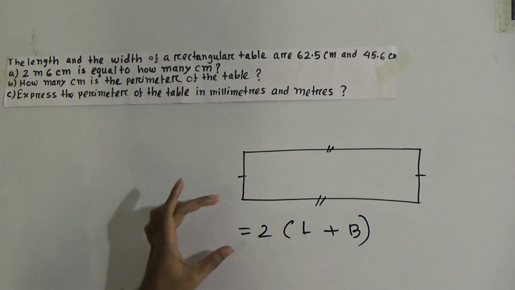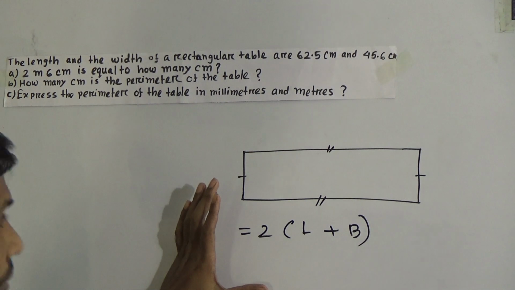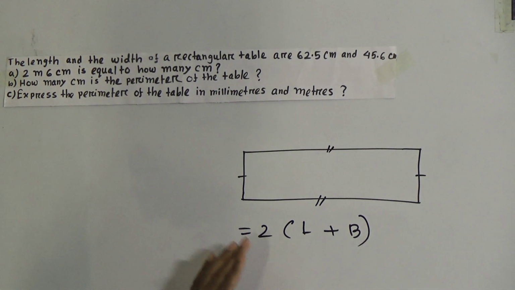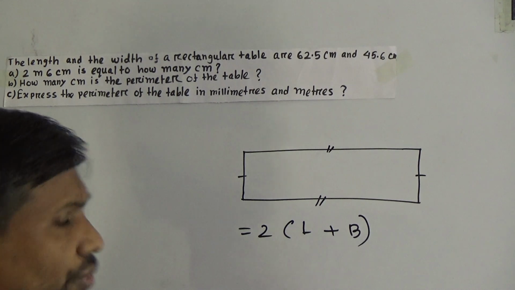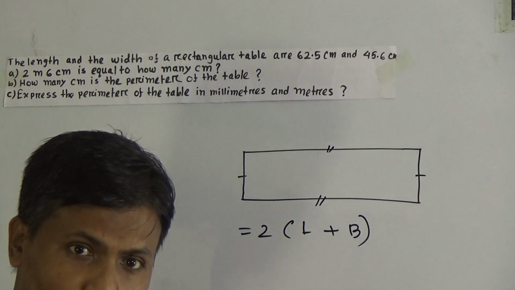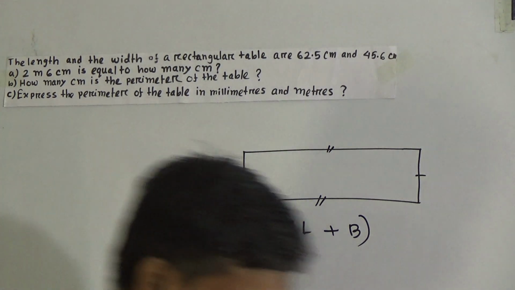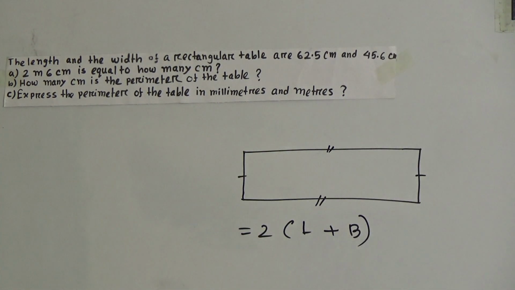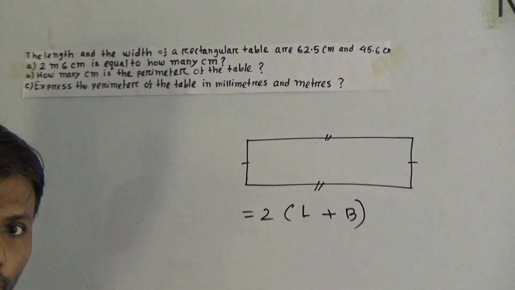Okay, student, this is the formula for perimeter of a rectangular table. And unit is meter or centimeter. Not square meter or square centimeter. Okay, unit is only meter or centimeter.